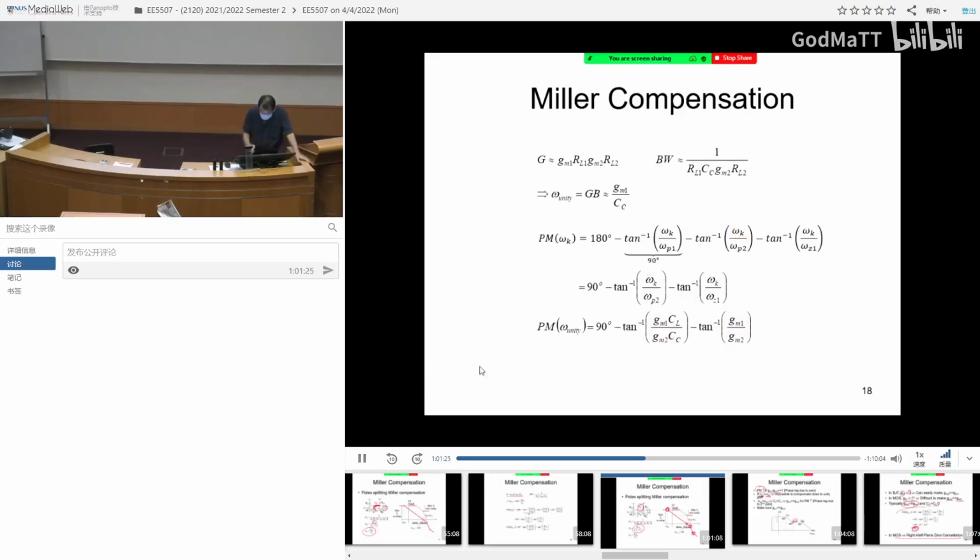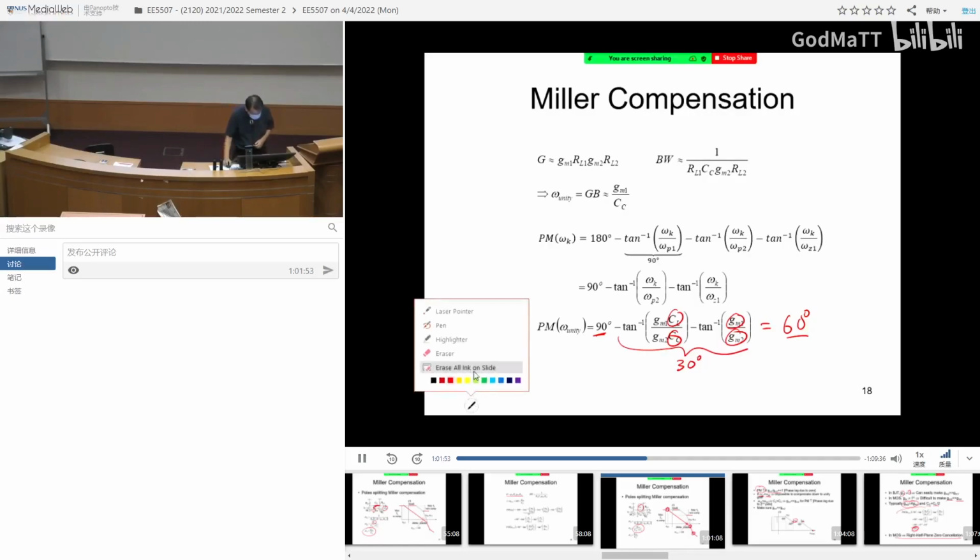Using this design equation, what phase margin do you need? Suppose I need 60 degree. I just have to play around with the parameters. How do you pick gm1, gm2? How do you pick CL, Cc? So that after 90 degree, minus it gives you 60 degree. So it tells you this whole thing has to contribute about 30 degree, right? And then you can pick gm1, gm2 accordingly.